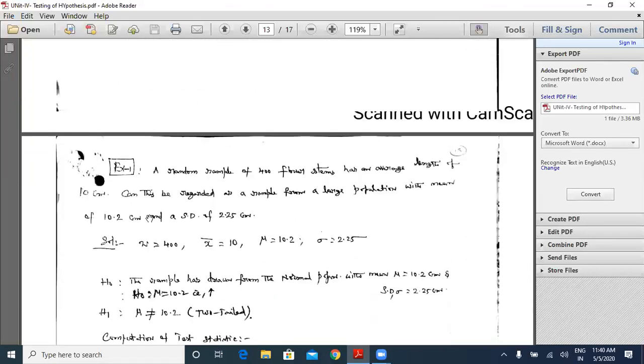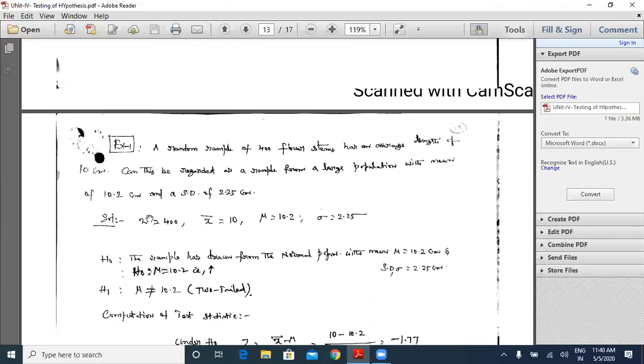Now we'll go to problems. A random sample of 400 flower stems has an average length of 10 centimeters.